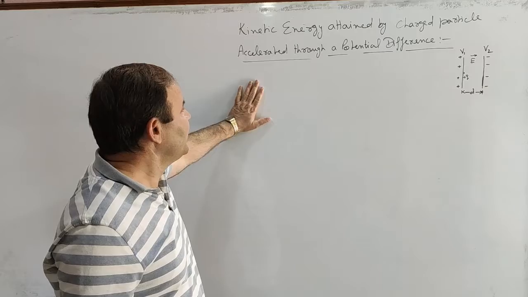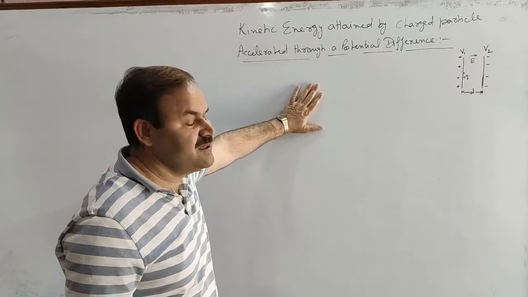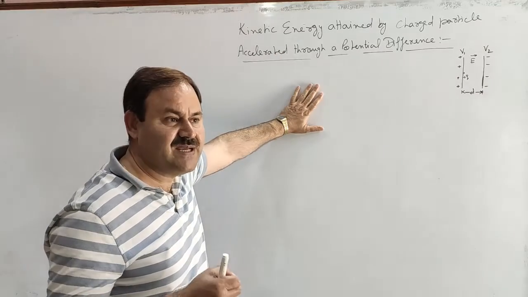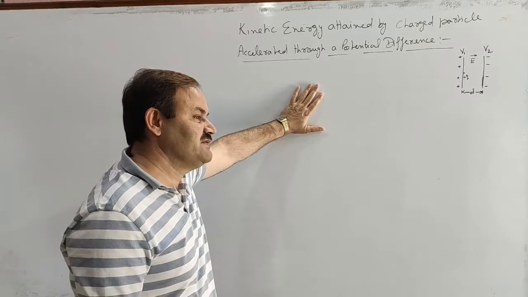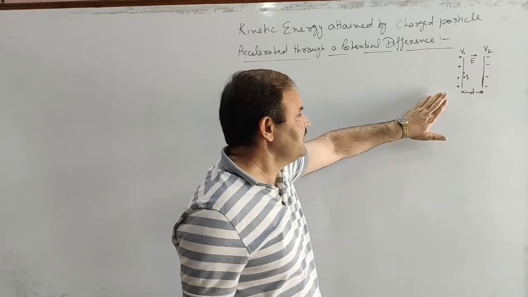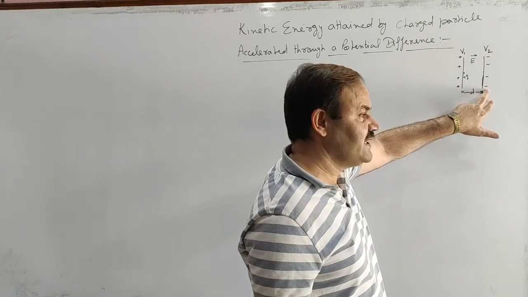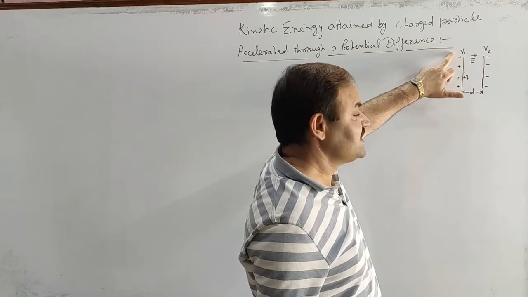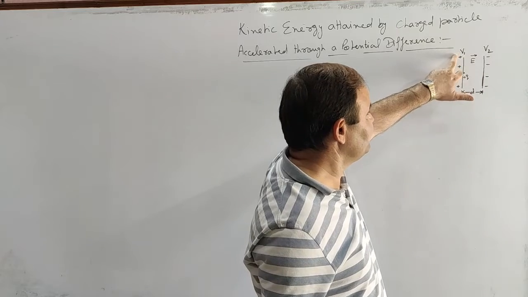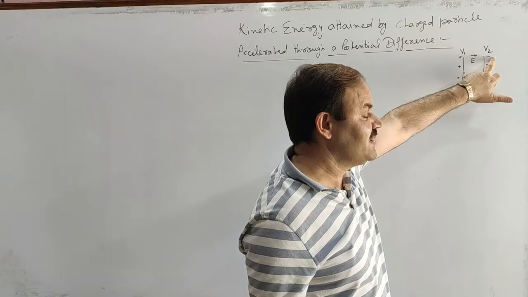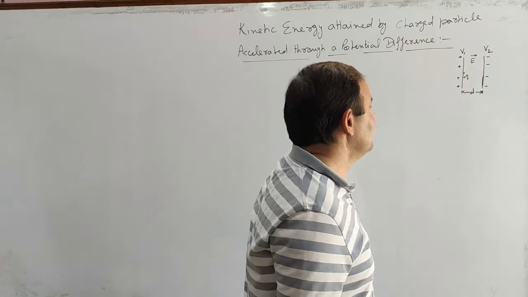Now we will obtain an expression for kinetic energy attained by a charged particle when it is accelerated through a potential difference. Say we are having two metal plates, one positively charged, another negatively charged. Positively charged plate is at potential V1, while negatively charged plate is at potential V2.